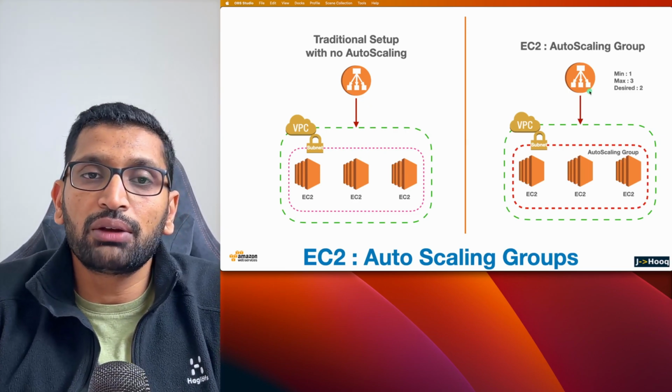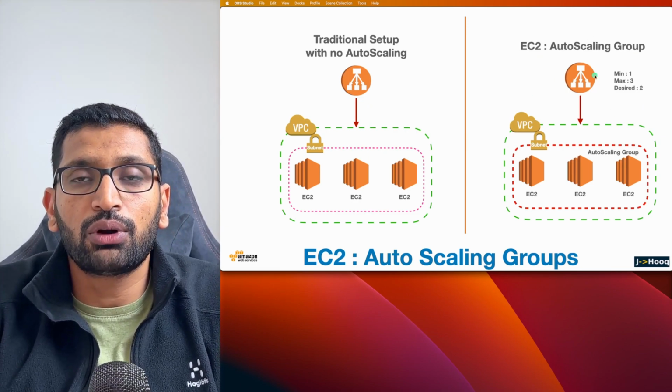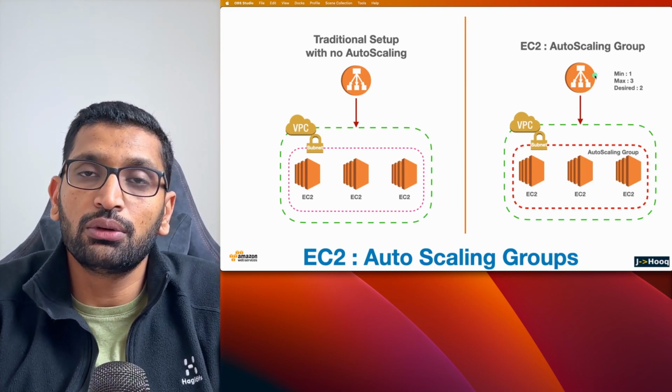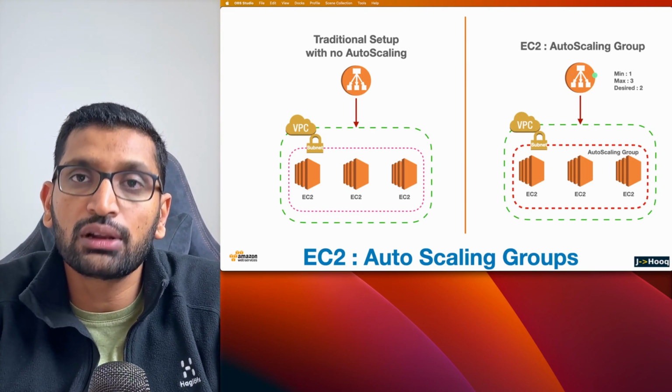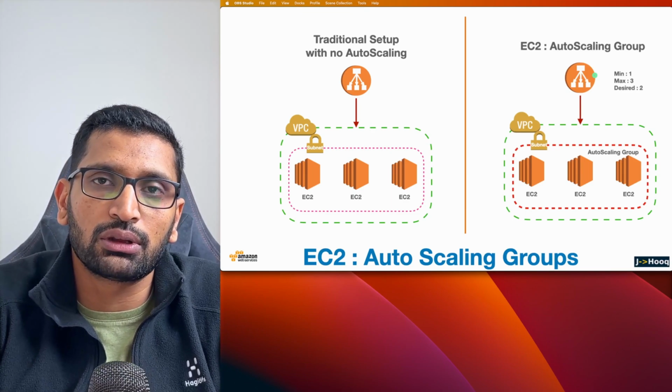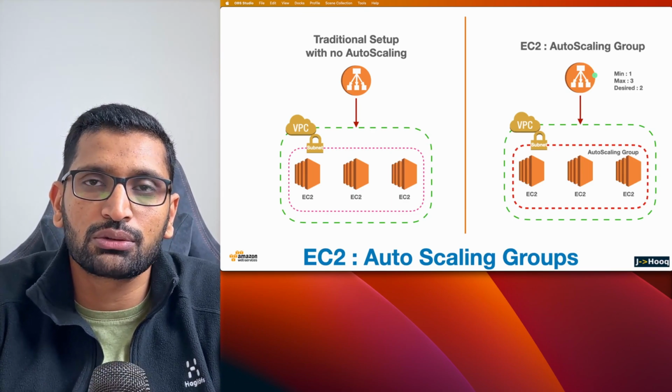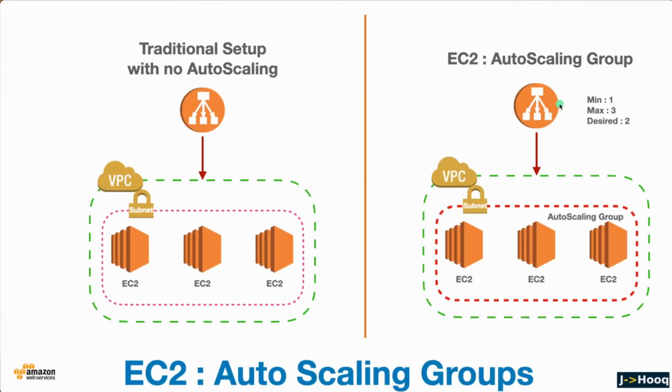But when you compare with the auto scaling group, it gives you the flexibility to create more instances and reduce instances based on traffic, CPU usage or memory usage. You just create an auto scaling group where you define the min, max and desired number, and these are configurable numbers.